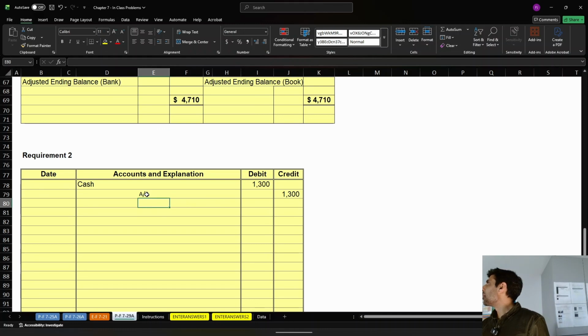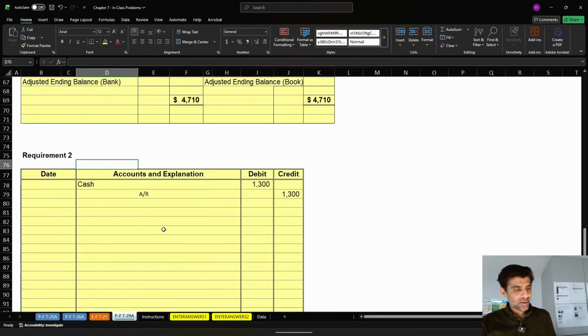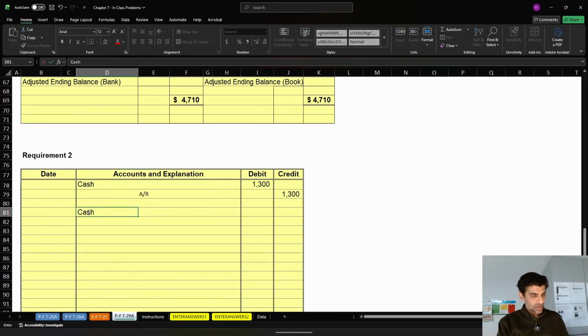Okay, so there's some sale that I made. It was on credit, so I would have debited accounts receivable and credited sales revenue or service revenue or whatever. Now that person is paying me off and they're no longer owing me money, so I'm going to reduce their accounts receivable balance. Next, dividend revenue. So again, that's a debit to cash.